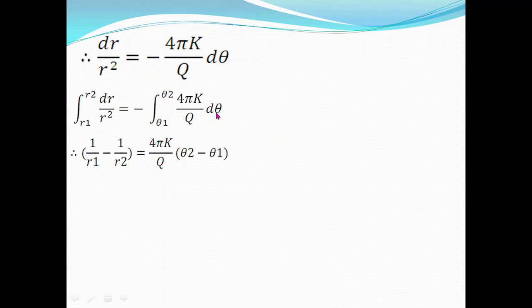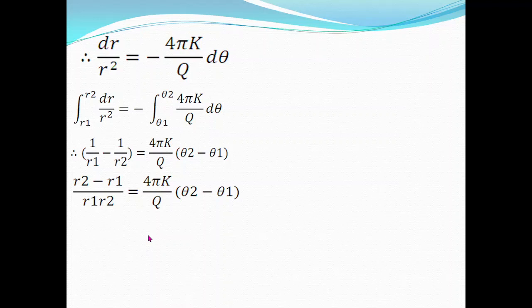Integration of d theta is theta, and by putting limits we get theta 2 minus theta 1. Therefore, if we take the LCM on the left hand side, it becomes r2 minus r1 upon r1 r2, which is equal to 4 pi K upon Q into theta 2 minus theta 1.